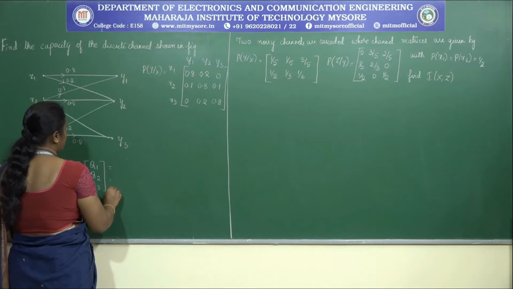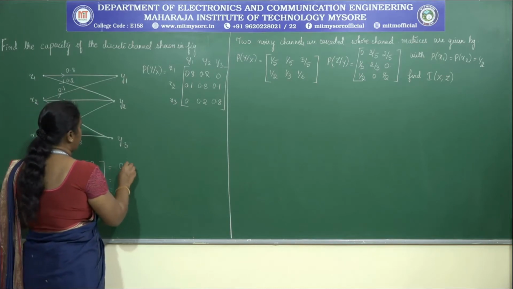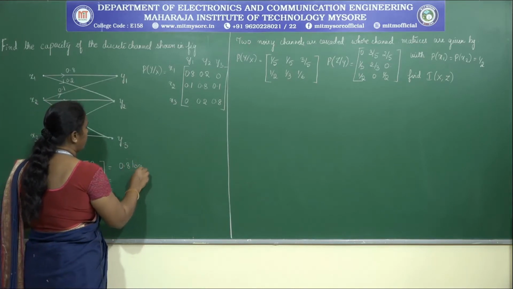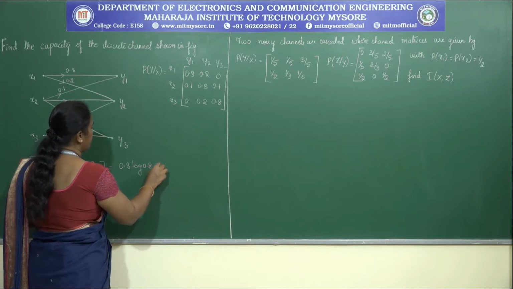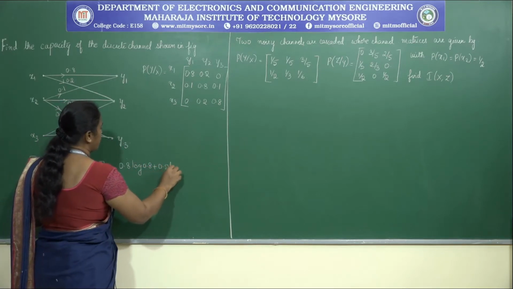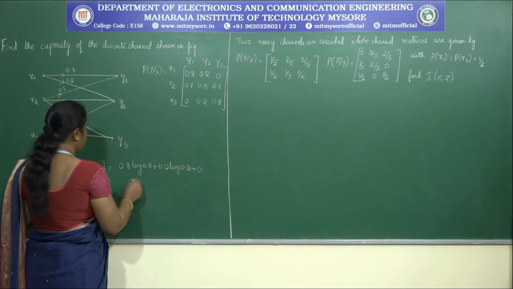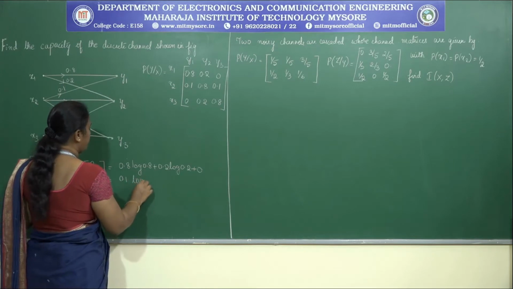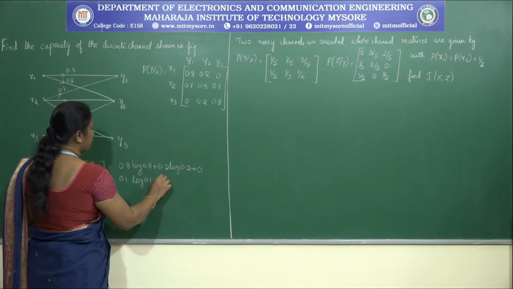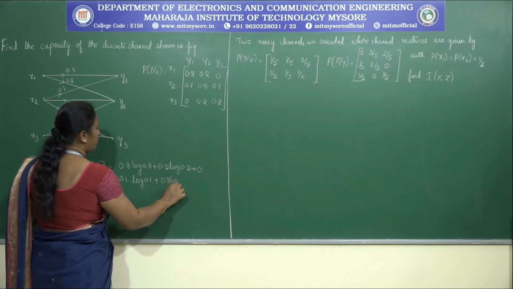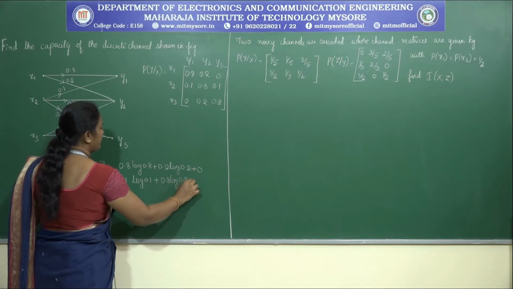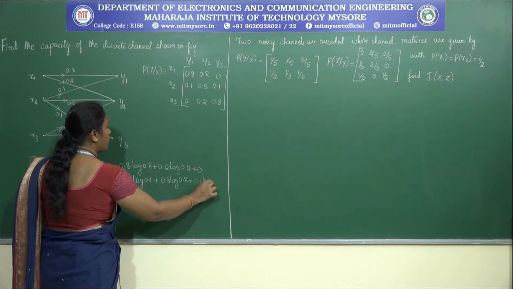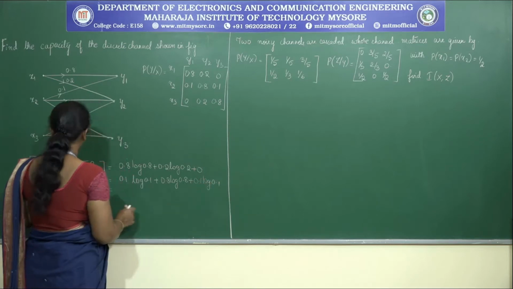Which is equal to 0.8 log of 0.8 plus 0.2 log of 0.2 plus 0. This is equal to 0.1 log 0.1 plus 0.8 log 0.8 plus 0.1 log of 0.1.